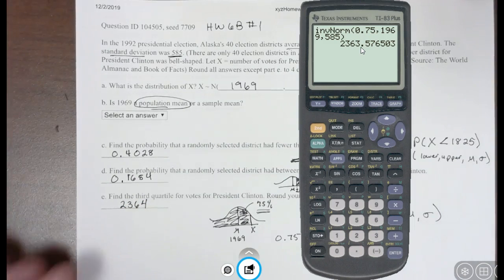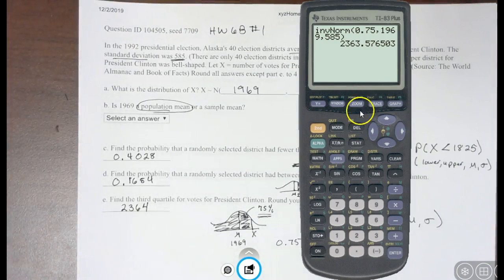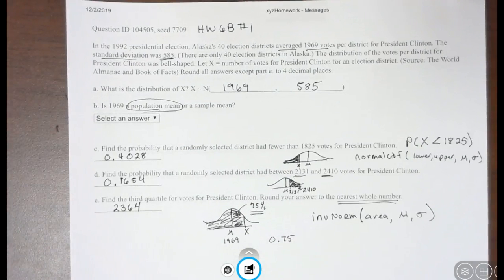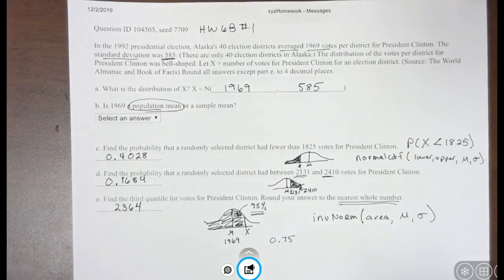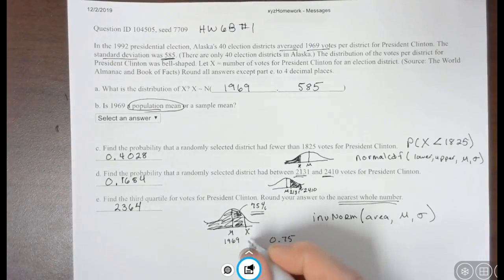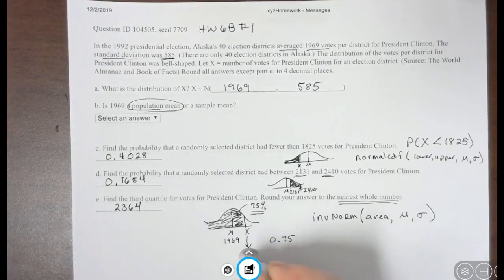So that tells us that 75% of the votes were less than 2364.